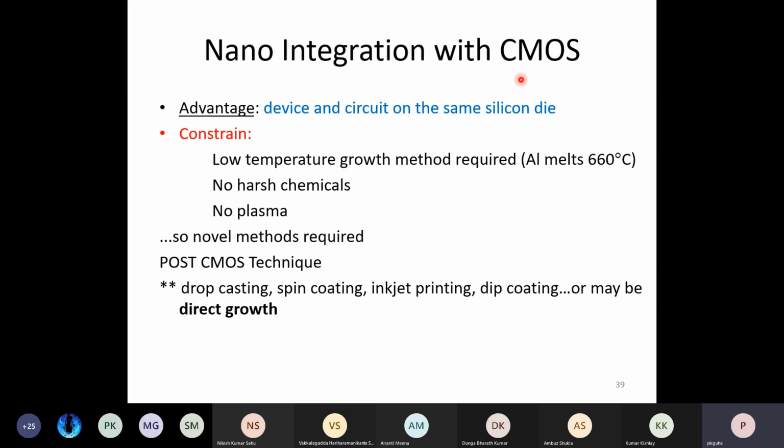So we should take that advantage from the CMOS side, and we develop other devices using other nanomaterials, which is not possible using silicon, maybe possible with graphene or maybe possible with tin oxide, zinc oxide, etc. And how we can integrate those devices, like sensor devices and so on, with conventional CMOS. Okay, so this is nano integration with CMOS.